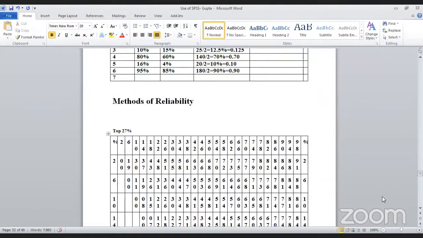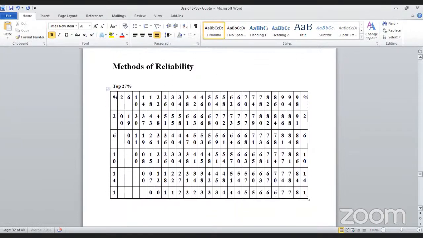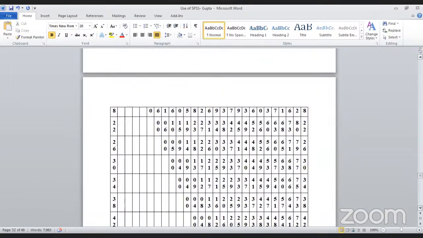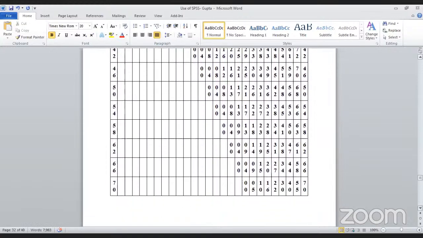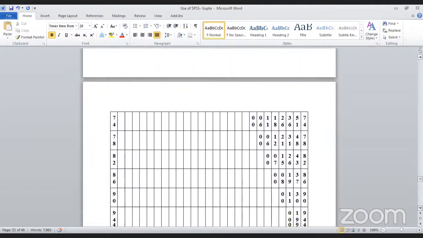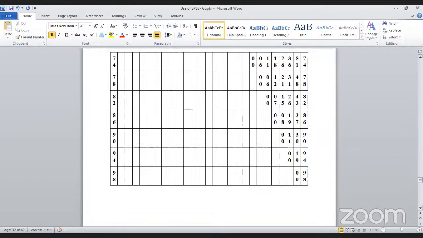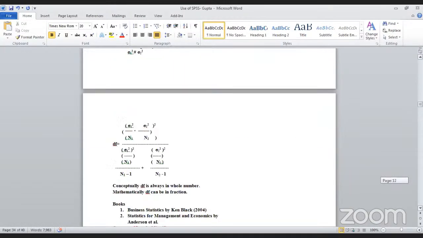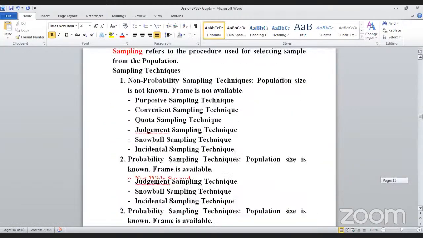This is the Flanagan's table. It is a very big table. So you can see the table. Okay. And now here, how to use this particular table, let me now try to explain to you.